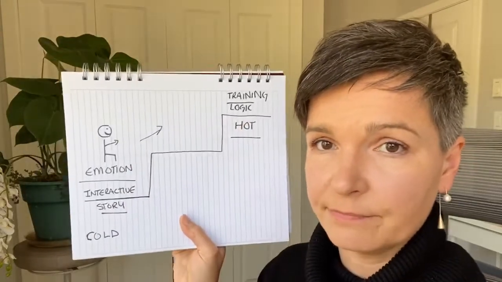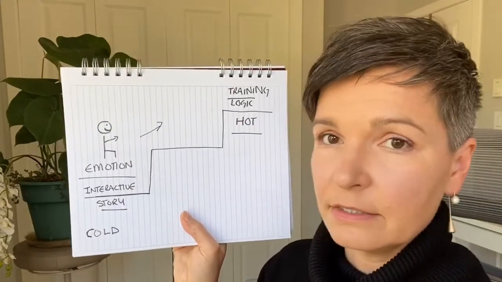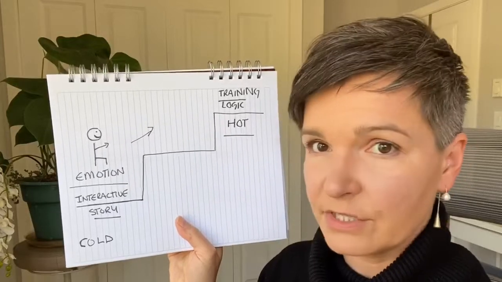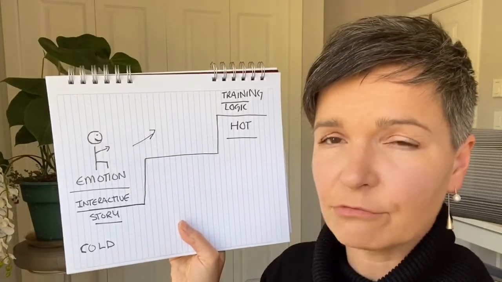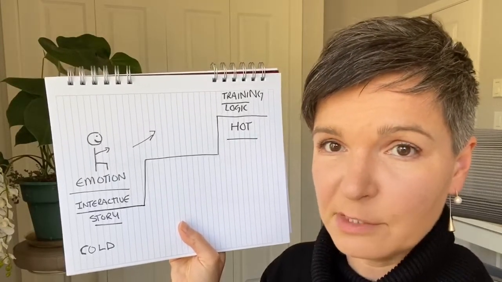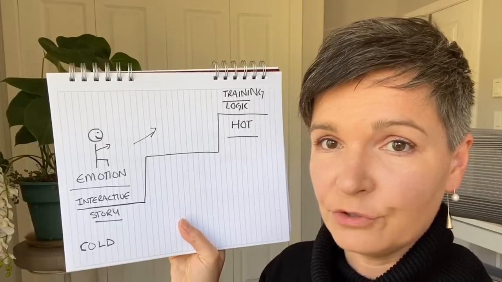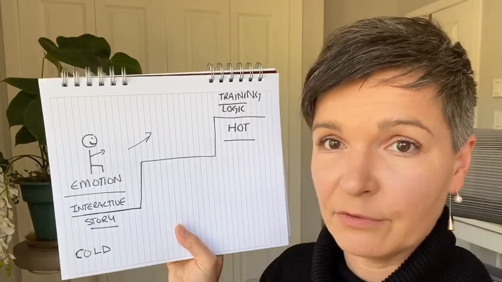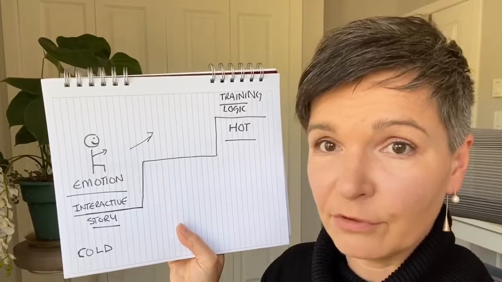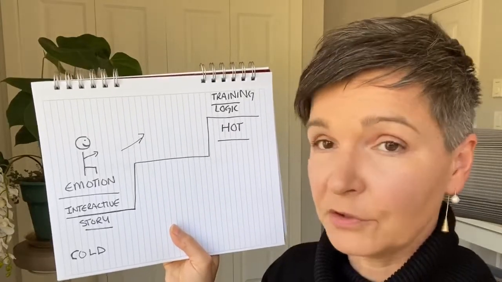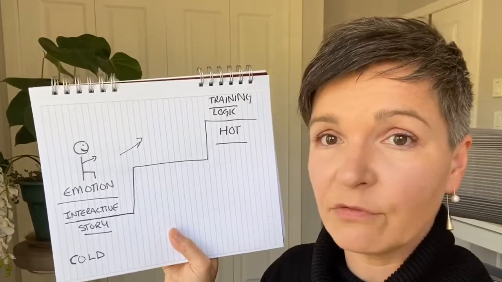That's how it works. To deny it is to rob yourself of the opportunity to really connect with these people and actually get them to move towards a behavior that will help them become better employees, better people, better humans, better citizens, whatever your vision is.